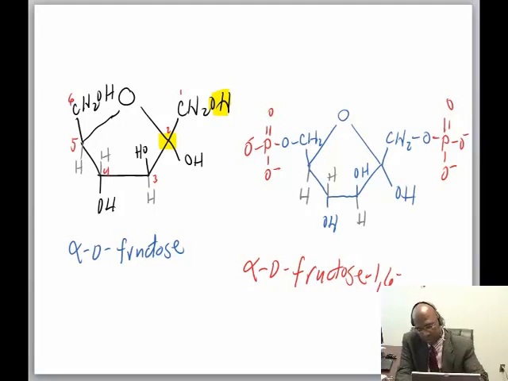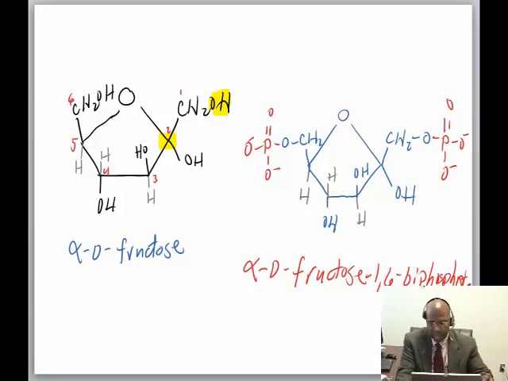So let's just put biphosphate. Alpha D fructose 1,6 biphosphate. And if we number these carbons, we'll use green: 1, 2, 3, 4, 5, and 6. That seems to be a very reasonable name. Alpha D fructose 1,6 biphosphate. However, that's not the correct name.